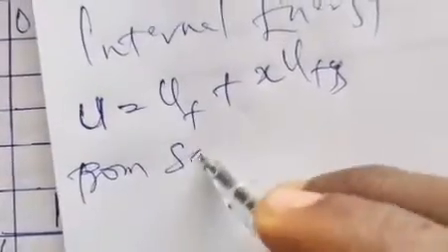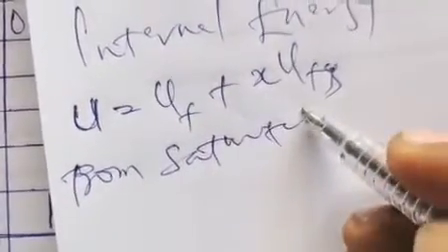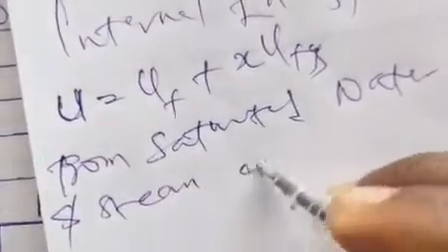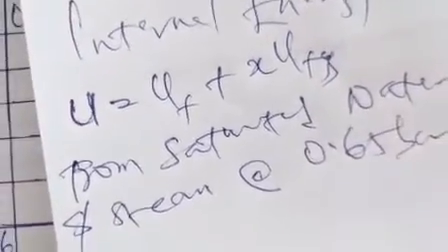So let's find the value of internal energy for the fluid and for the fluid-gas. UF, from saturated water and steam, at the given pressure of 0.65 bar, we can obtain UF.